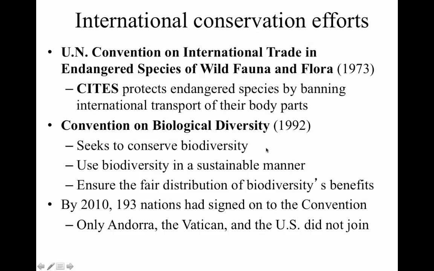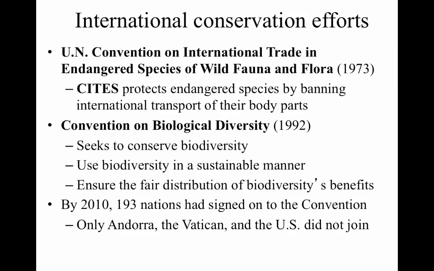International conservation efforts: the UN Convention on the International Trade in Endangered Species of Wild Fauna and Flora. This is another UN thing, and the UN doesn't always have teeth. They can really only ask countries to comply. But this one in particular protects endangered species by banning international transport of endangered animals or their body parts, such as cutting the tusks off of elephants, which makes elephants endangered.